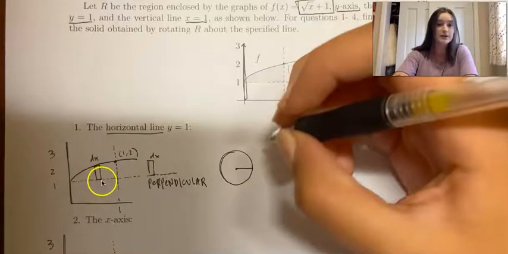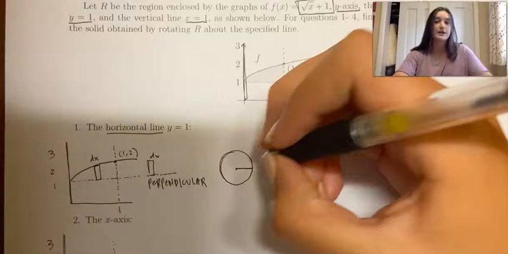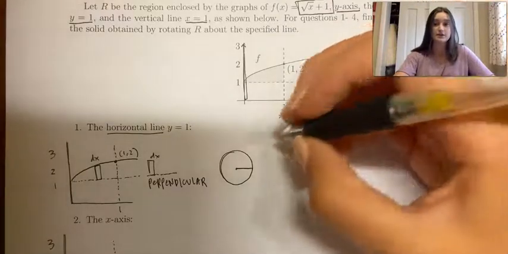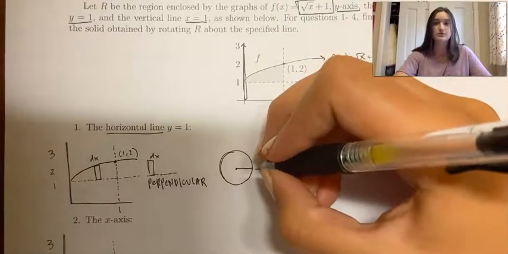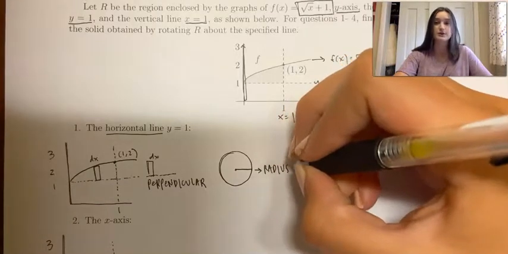Since the rotational axis isn't a function like that f of x function where it's curved, it's just a straight across line, every part of that solid R and every part of that little box that I drew is touching the line completely. So what we're doing is drawing this circle that represents that, and I'm going to find the radius of the circle. You'll see why I'm doing all of this once we look at the formula. I haven't shown that yet, but I just want to do all of this first.